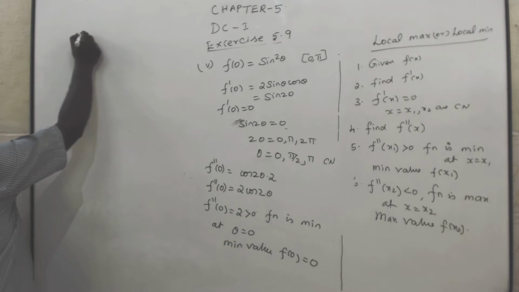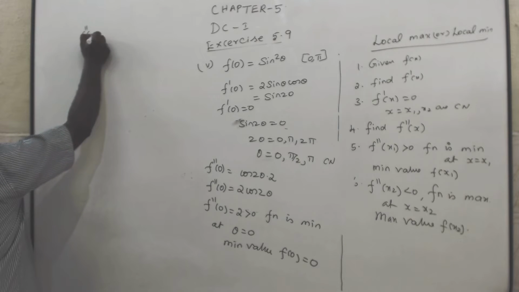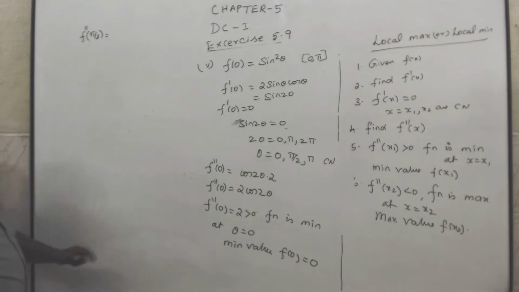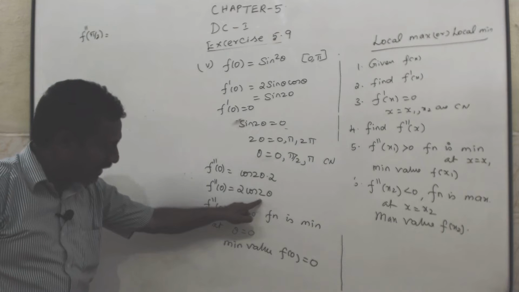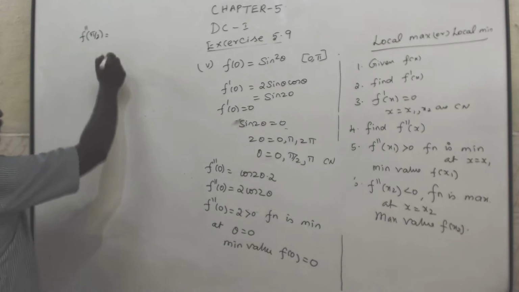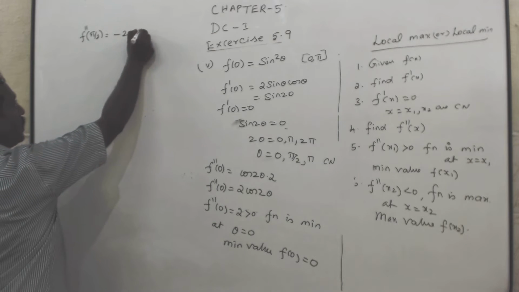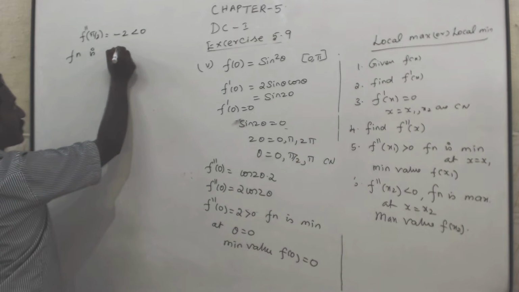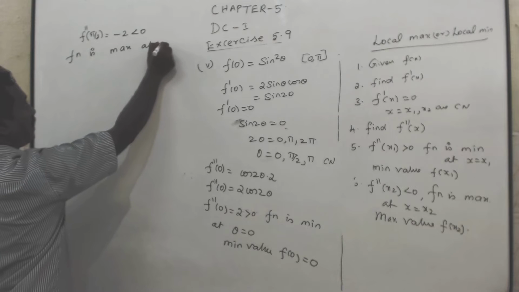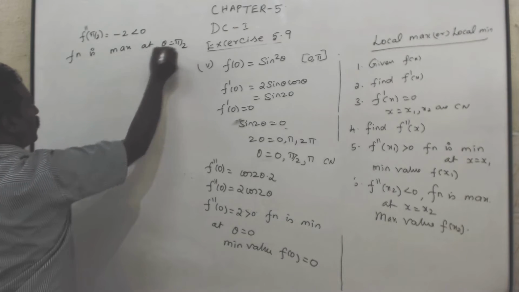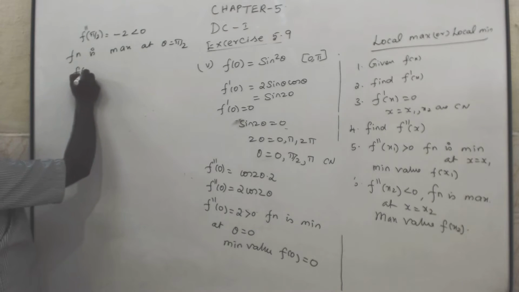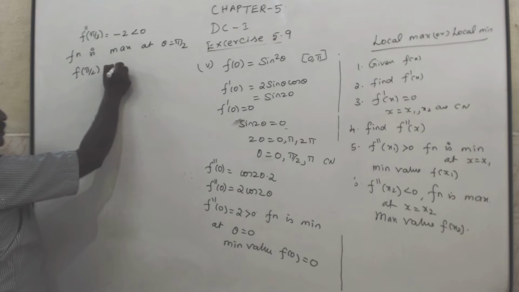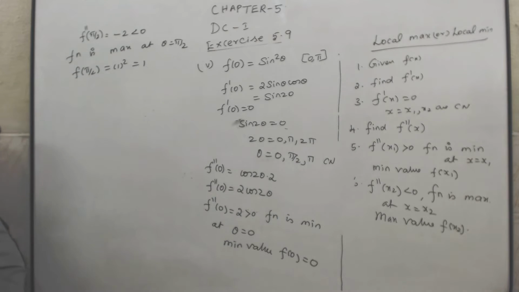When we substitute pi by 2, f double dash of pi by 2: 2 pi by 2 is pi, cos pi is minus 1, so minus 2, negative, and the function is maximum at theta equal to pi by 2. Then f of pi by 2 equal to 1 square equal to 1.